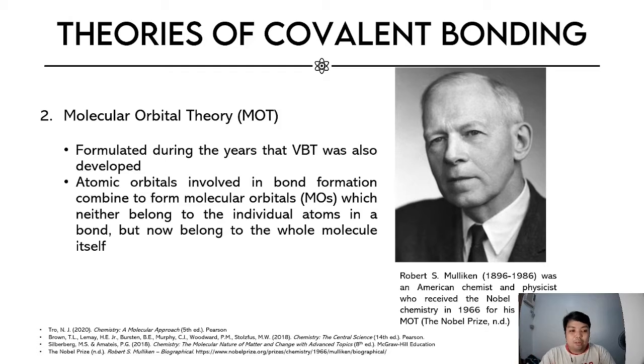Or, if the molecular compound is large enough, all over the molecule. And this postulate, this theory, led to a Nobel Prize for Robert S. Mulliken, which was awarded to him in 1966.